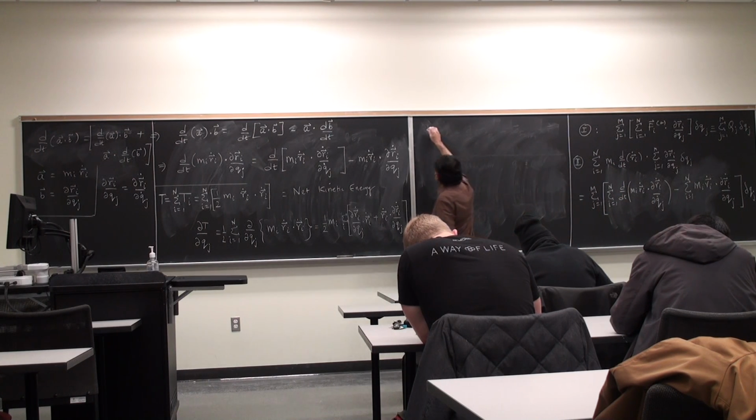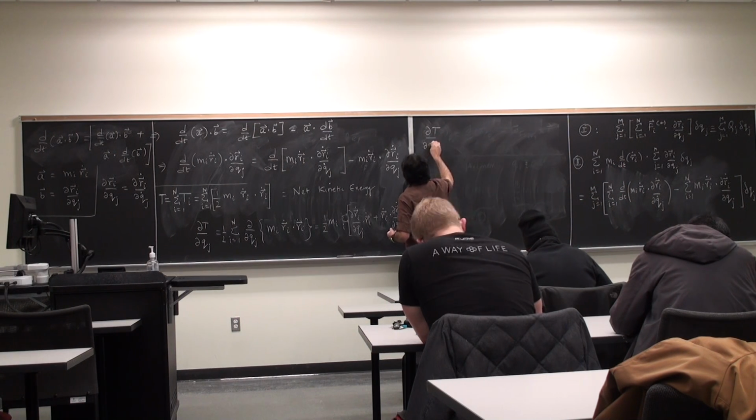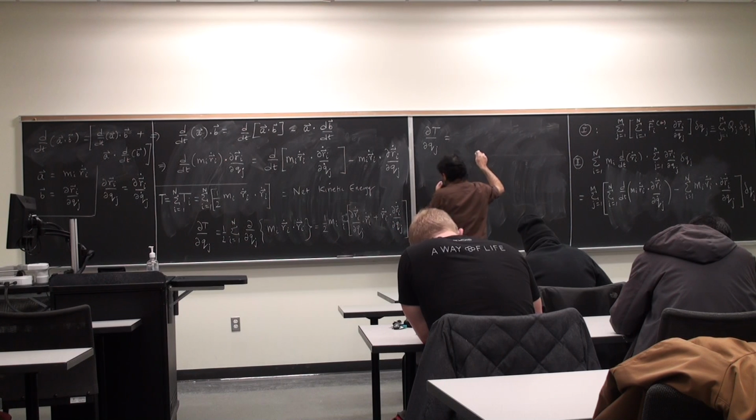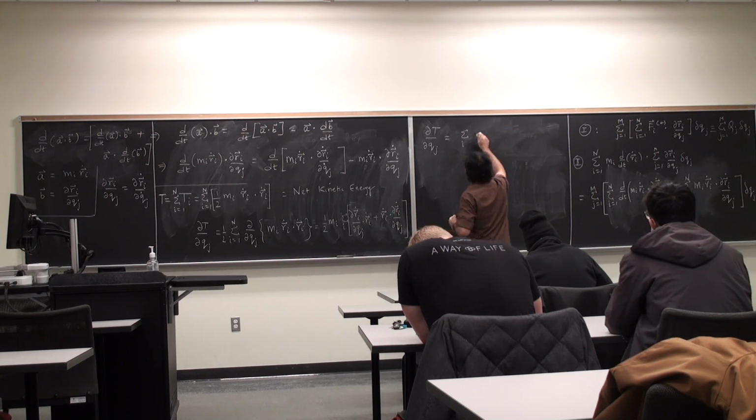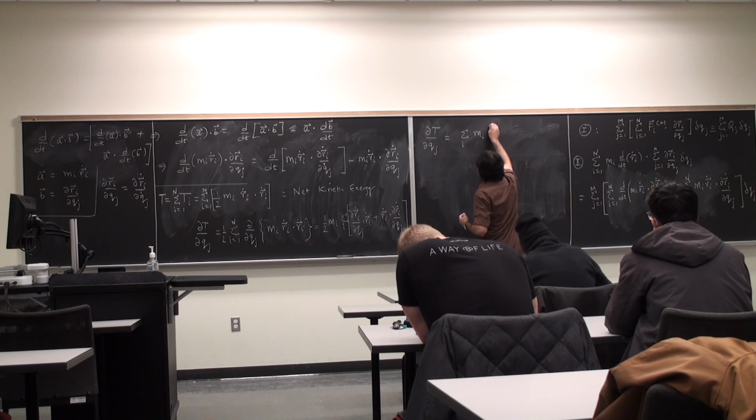Okay, so now I have dT by dq_j equal to summation i, m_i r_i dot dotted with d r_i dot by dq_j.